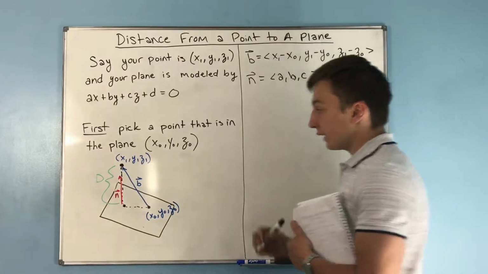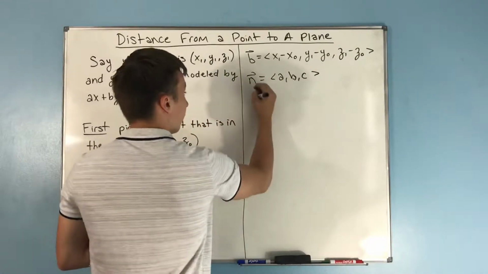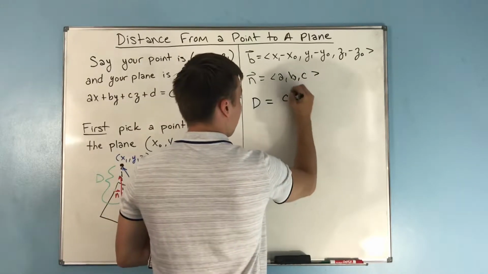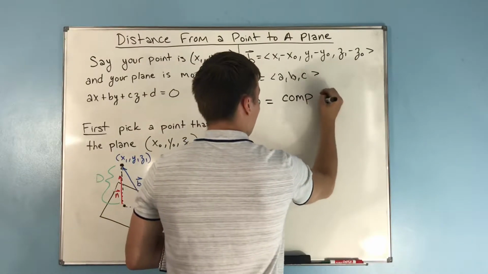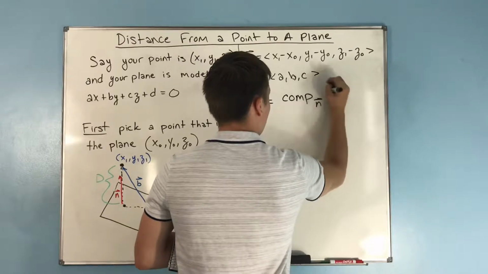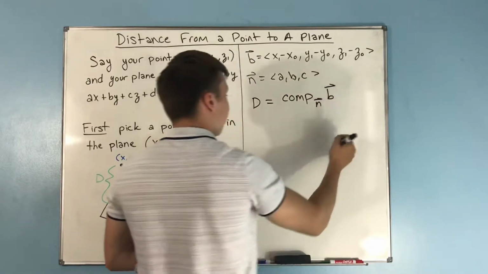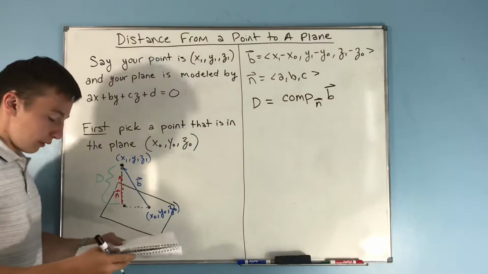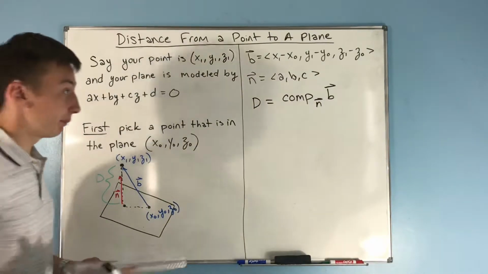The distance is going to equal the scalar projection, so we write that as the component of b onto n. And what is the component of b onto n?